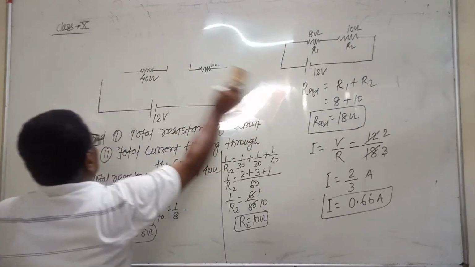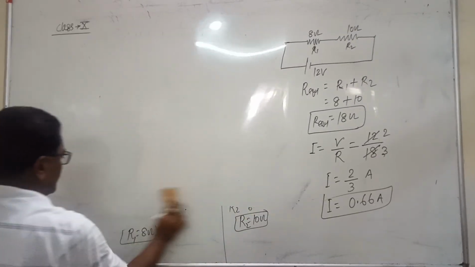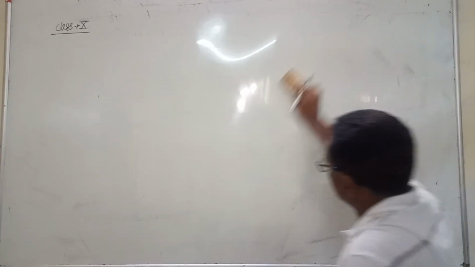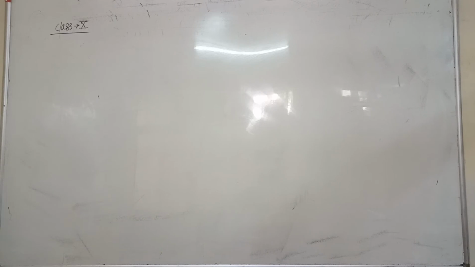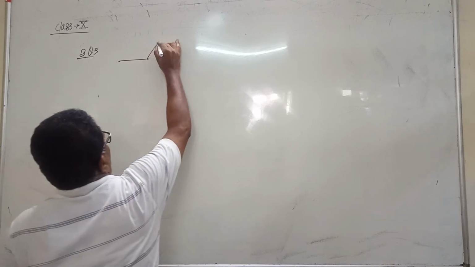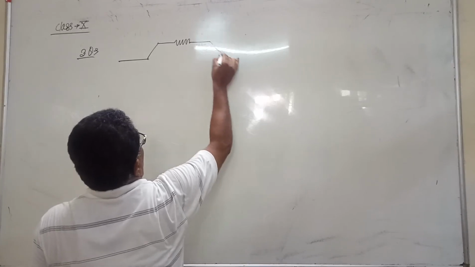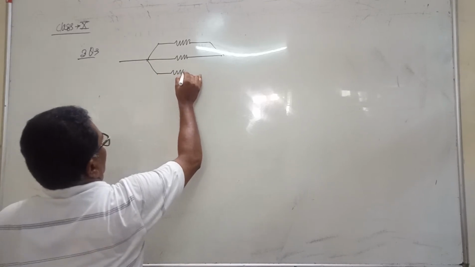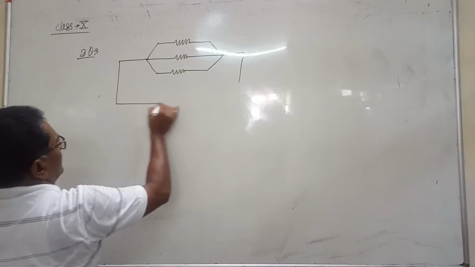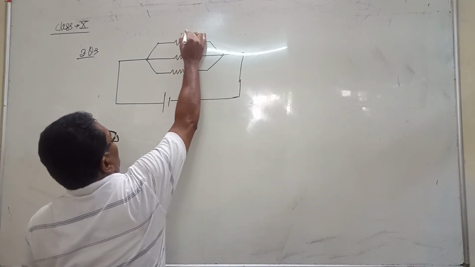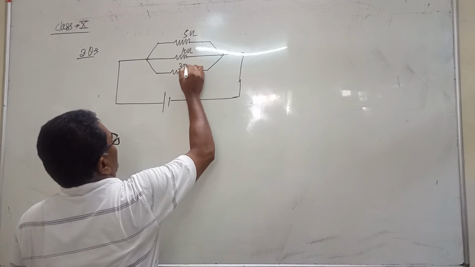Let us see another question. Three resistances: 5 ohm, 10 ohm and 30 ohm.